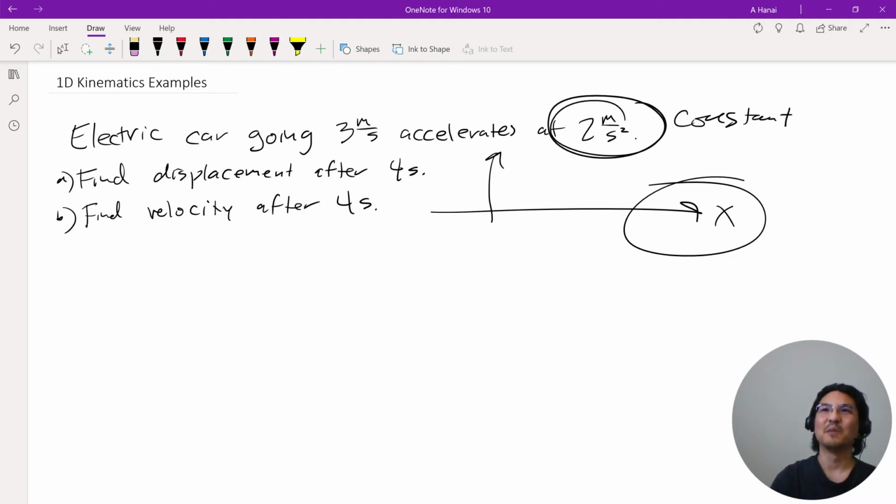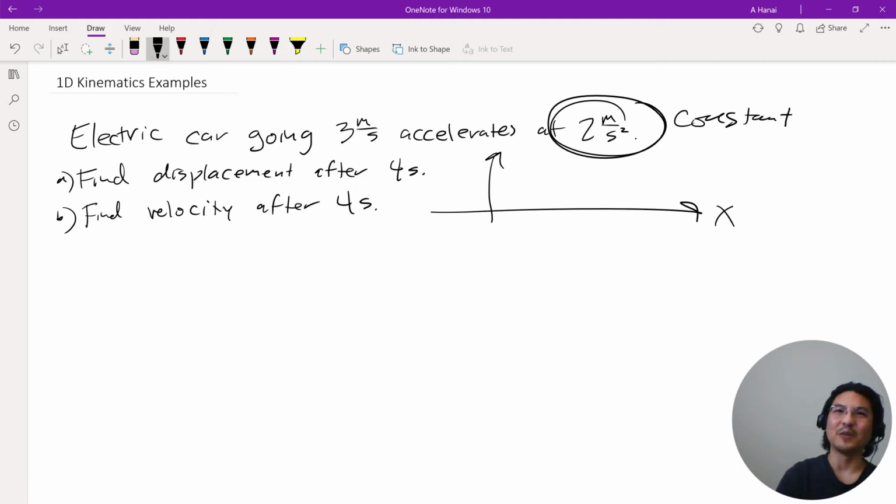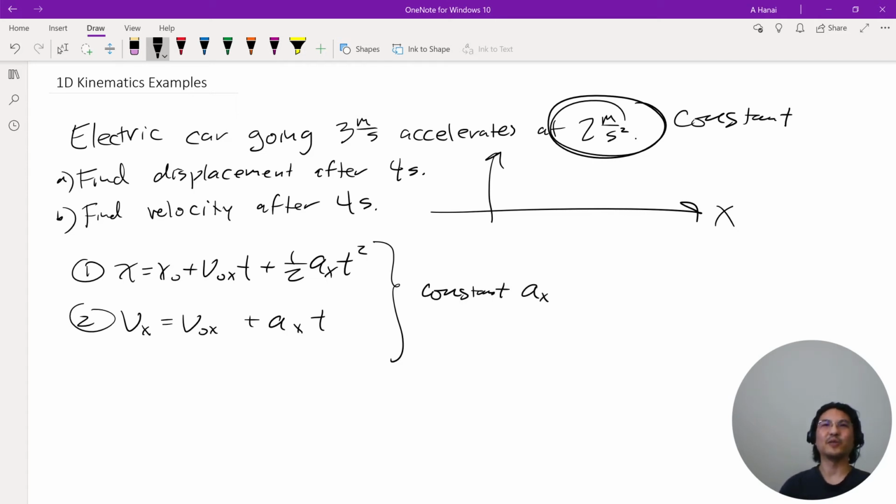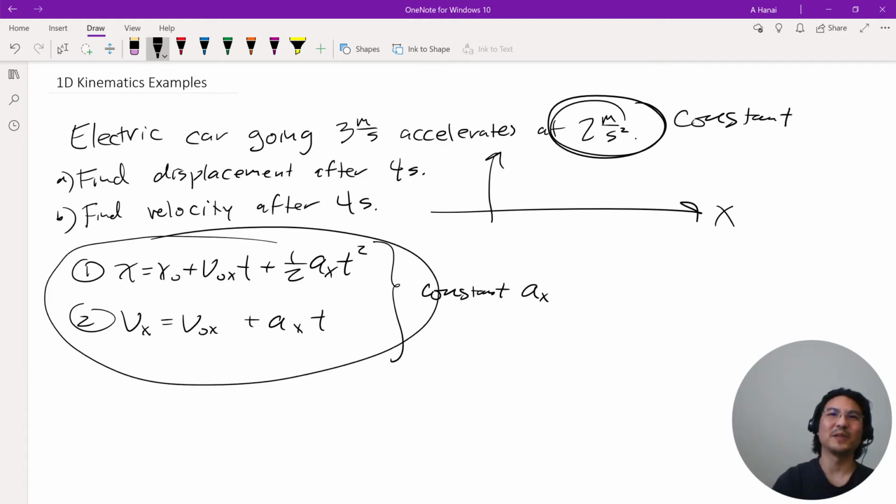Because it's constant, I know that this is true, and I'll label these, and this is true, assuming constant acceleration. Okay, so now that's the formulas I know.